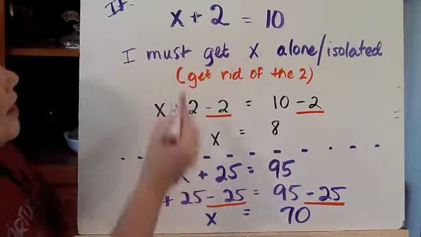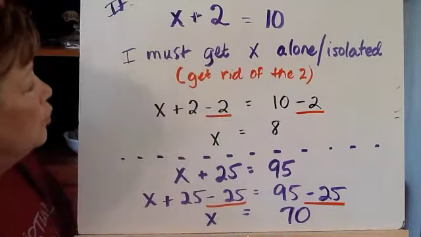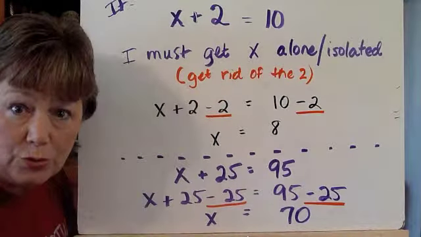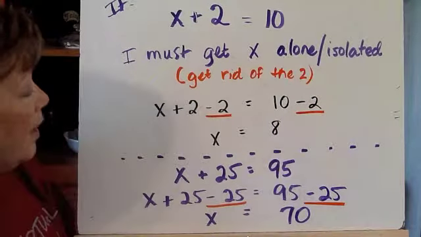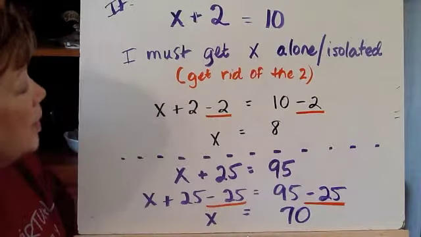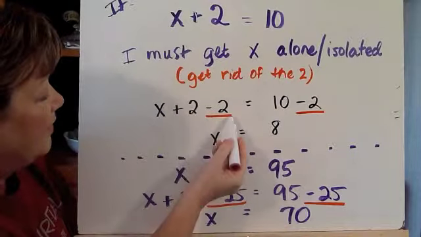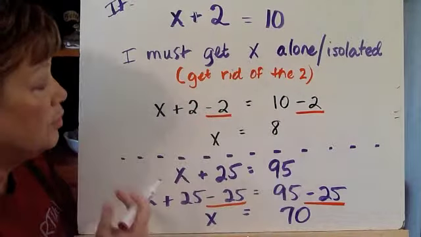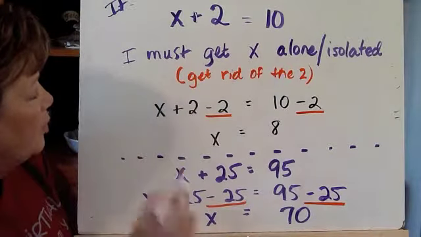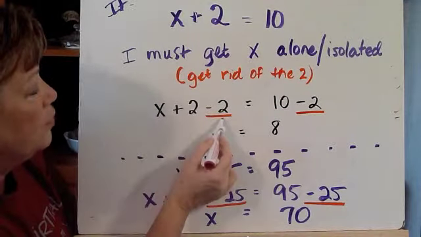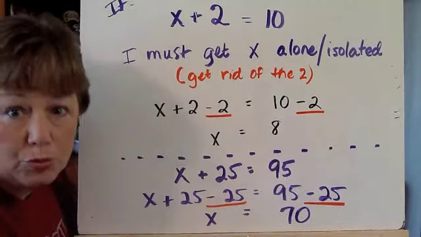So to get rid of a plus 2, we subtract 2 because that brings me to 0. And that would help me in this problem. So on this side, I've taken away 2. So if I do it on this side, I must do it on that side. So my new equation is x plus 2, take away 2 equals 10, take away 2.